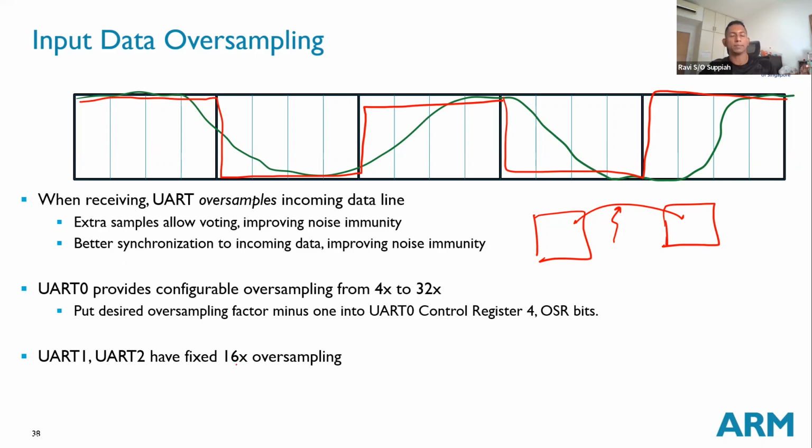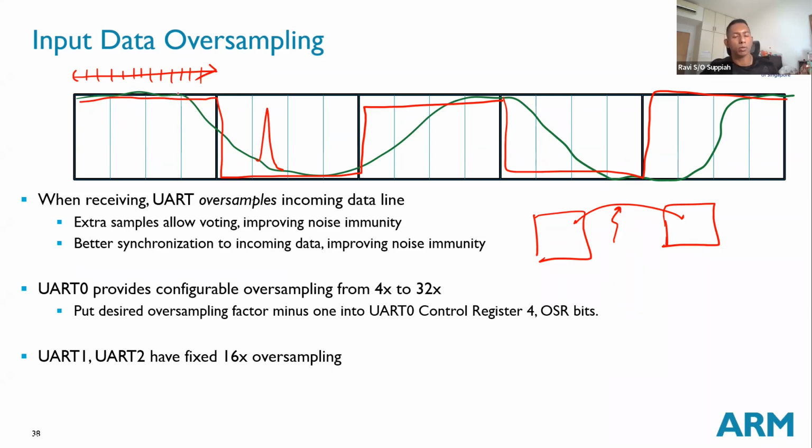To manage this better, one of the things that the KL25Z does is what we call oversampling. In oversampling, within the same pulse width duration, I sample many times, and then I do a majority vote to decide what the value should be for this particular pulse. This helps because generally when there is noise, in most cases you get noise spikes, maybe a spike over here, or usually at the beginning or the ending there is some transition of the signal.